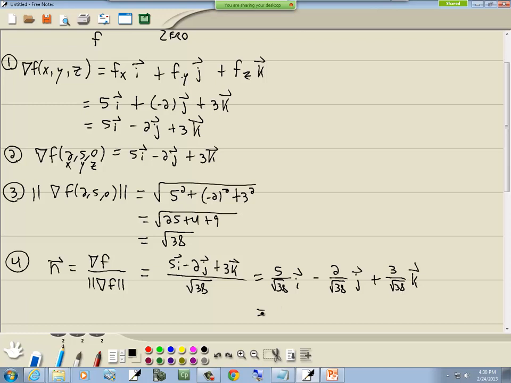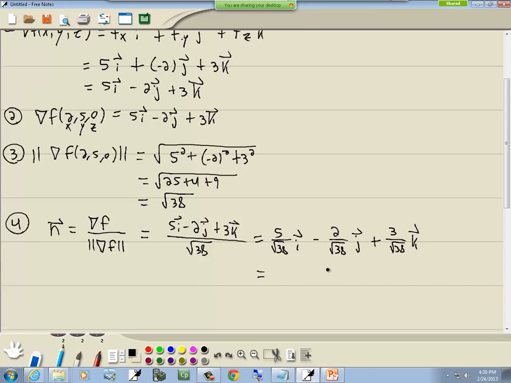Multiply top and bottom by square root of 38.